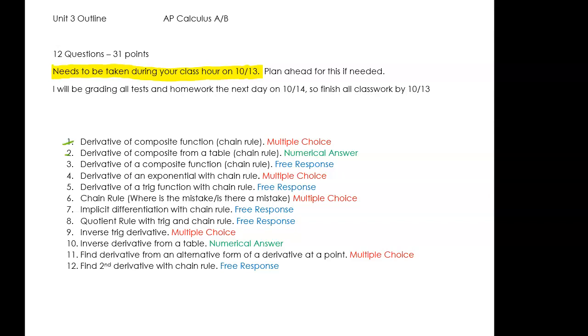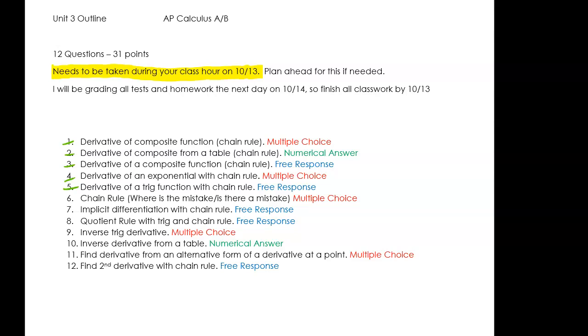Okay, so we did 1, 2, 3, 4, 5. 6, chain rule. Where is the mistake? Is there a mistake? I believe this was on Wednesday's homework. And that's what this section is called. The assignment is, what is the mistake? Something like that.